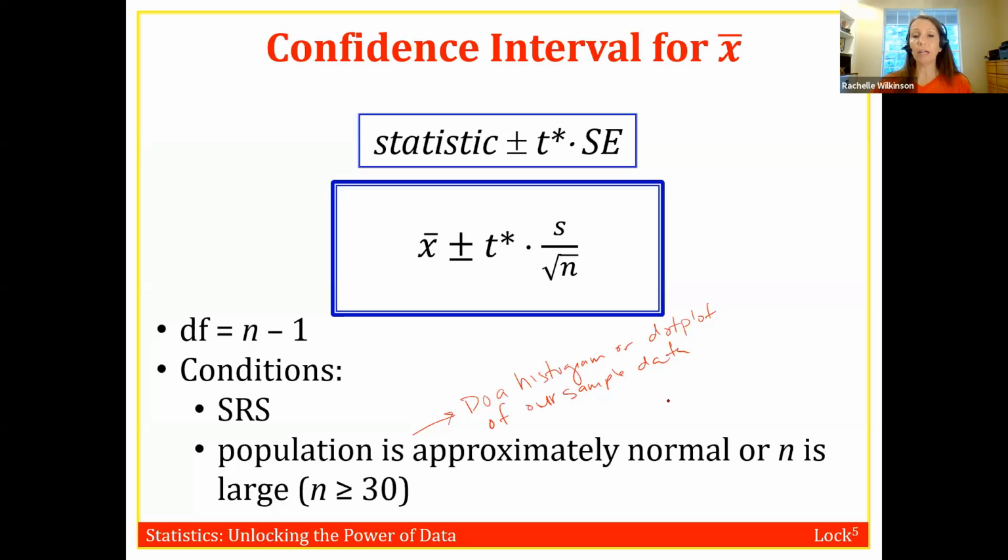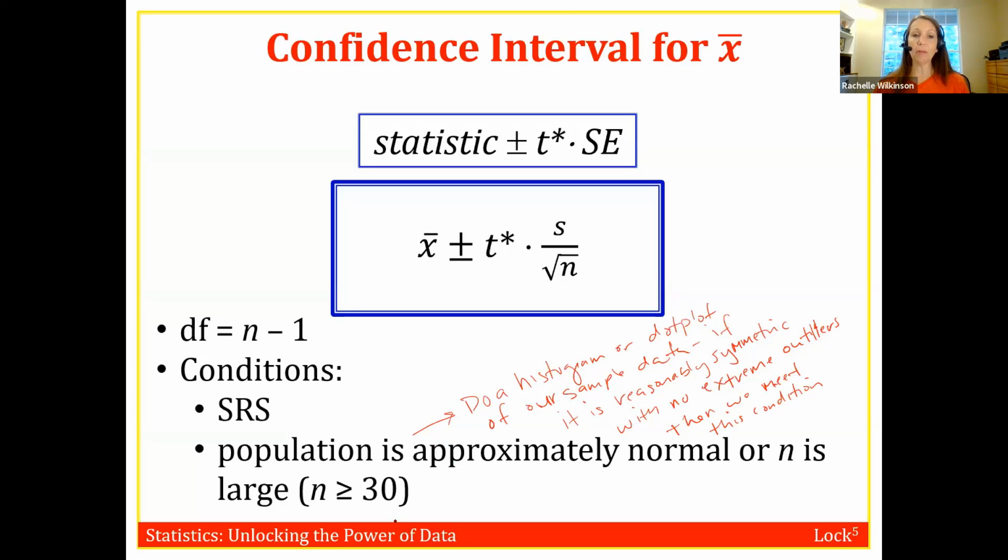Okay, and as long as it's reasonably symmetric with no extreme outliers, then we're going to say it's okay that we meet the condition. So if it is reasonably symmetric with no extreme outliers, then we meet this condition.